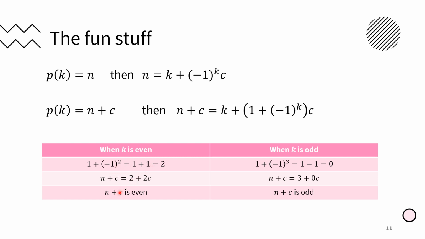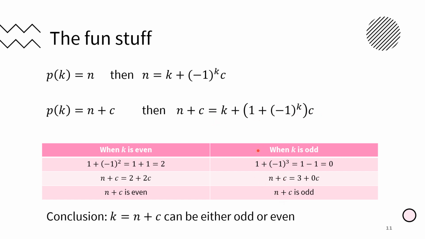So that means n plus c is going to be an even number. And if we make k odd, like 3, negative 1 to an odd power is always just going to be negative 1. So if you plug that into this equation, n plus c is odd. So we know that k equals n plus c can be either even or odd.